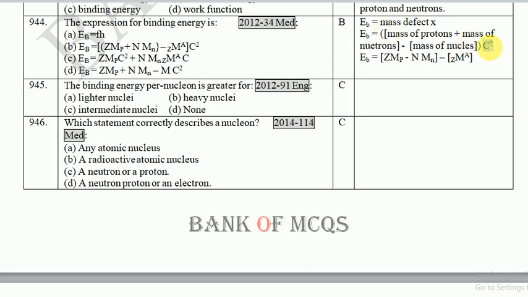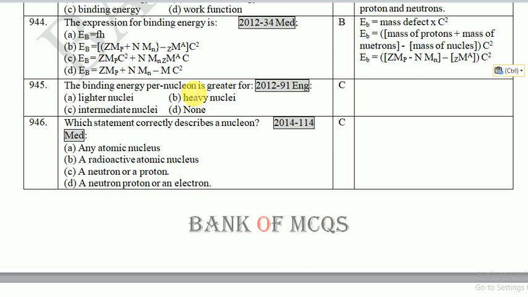Here the mass defect is mass of protons plus mass of neutrons minus mass of nucleus. So this is the equation for binding energy, option B.